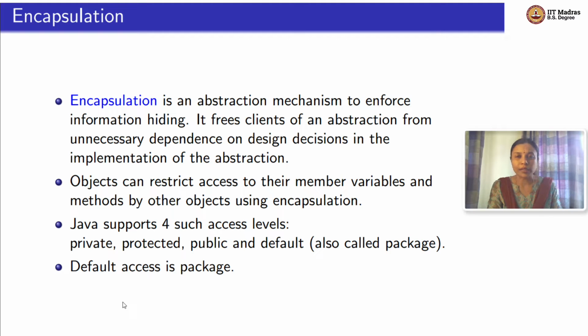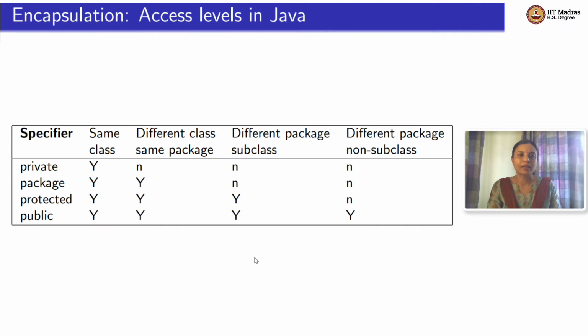4 access levels are supported as far as the object-oriented programming language Java is concerned, and these are the 4 access levels: private, protected, public, and default. Default is also called package, synonymously, and because it's default, it is the default access. So this table will help you to understand the various access levels available in Java in a succinct way.